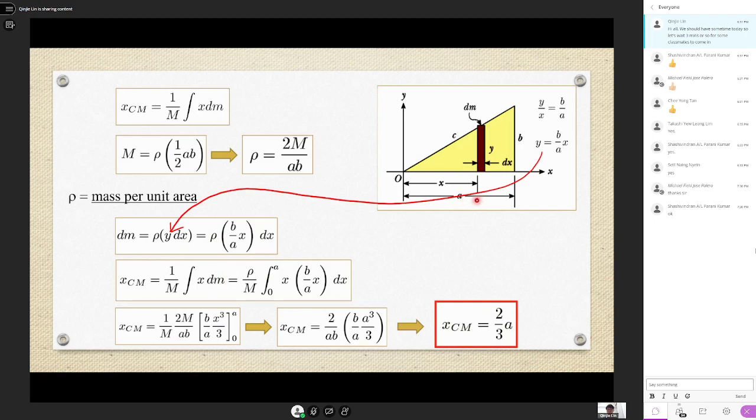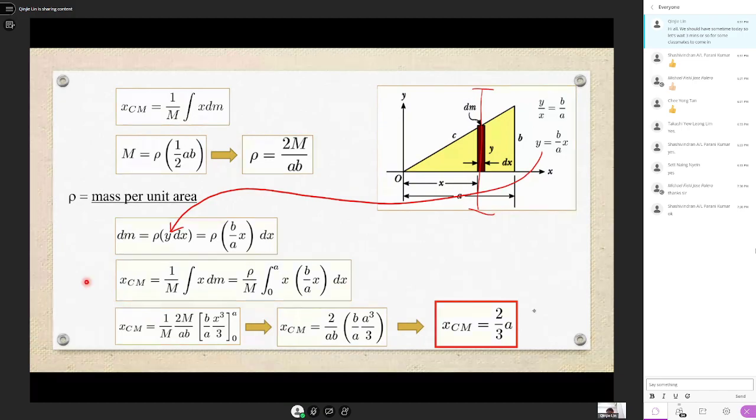Okay, xcm equals 2/3 a. So a is from 0 to this point. It's telling you that xcm will lie along this line, somewhere around here, 2/3. Maybe around here, because this whole thing is a, so 2/3 is around there.